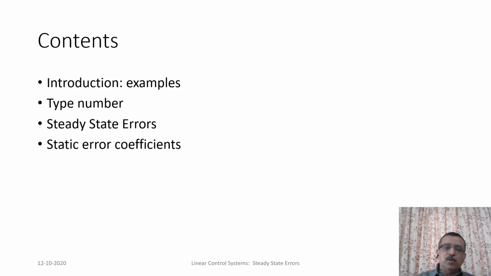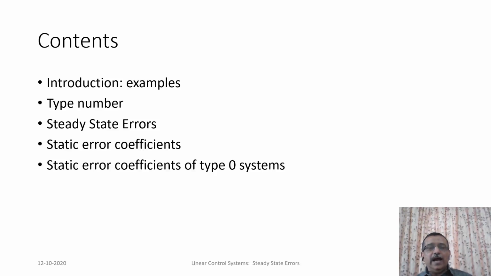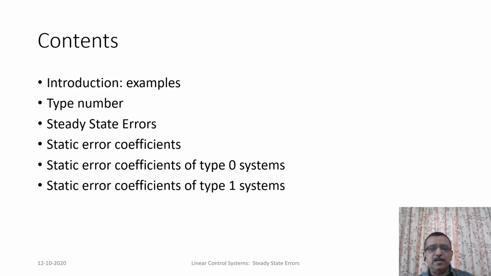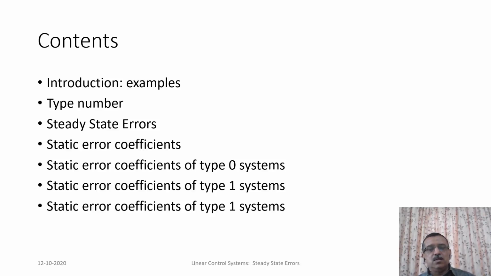If you know the error coefficients, you can find the errors. That is why they are important. Then we'll study static error coefficients for type 0 system. Once you know this, the remaining will be easy. Then static error coefficients for type 1 systems, and type 2 systems.